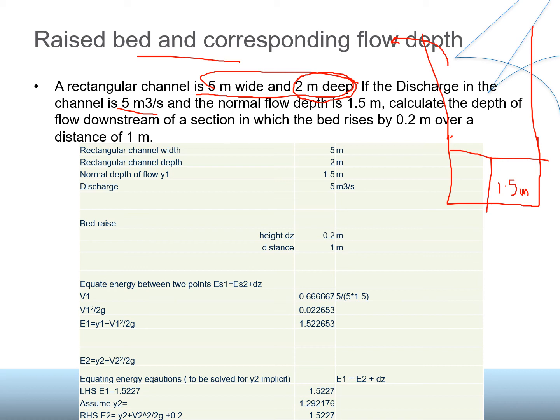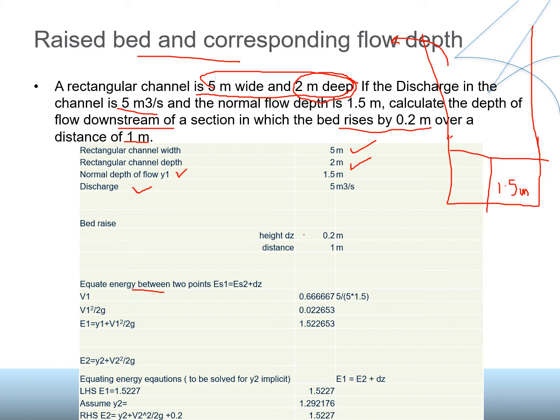Now, from here, we need to calculate the depth of flow downstream of a section in which the bed rises by 0.2 meter over a distance of 1 meter. Okay, so we need to find out what is the downstream depth, right? So we have a rectangular channel width, depth, normal depth of flow y1 and discharge. From this we can calculate the energy.